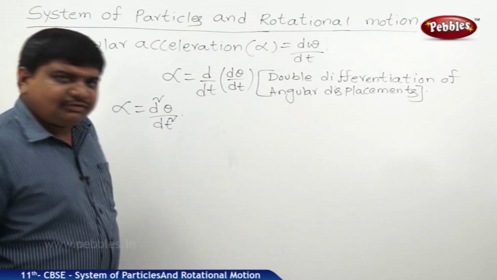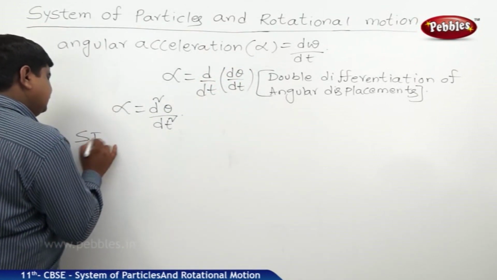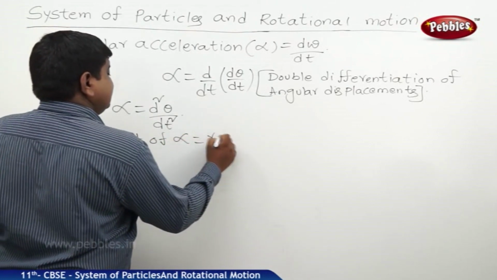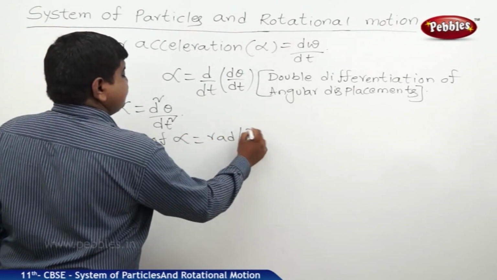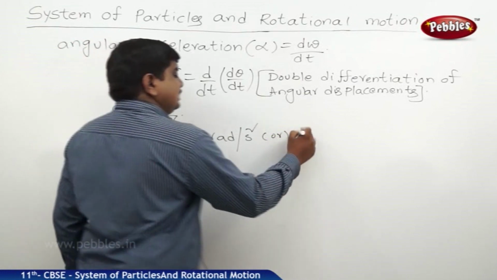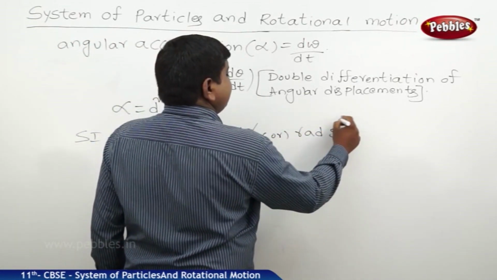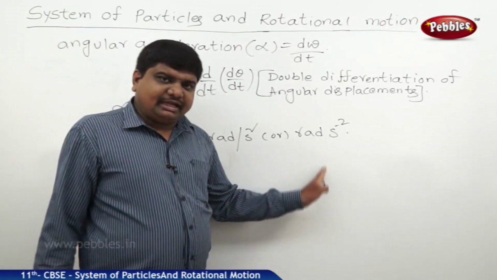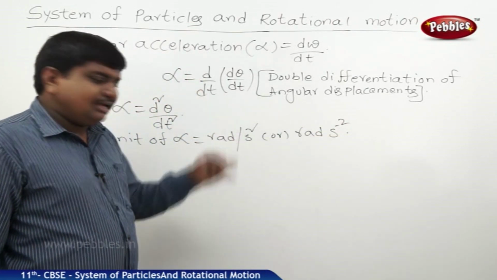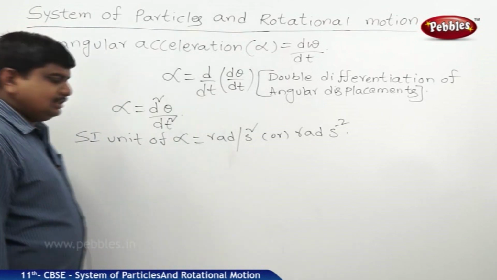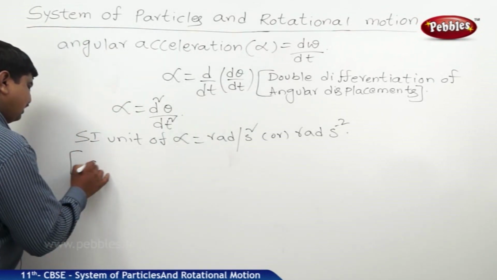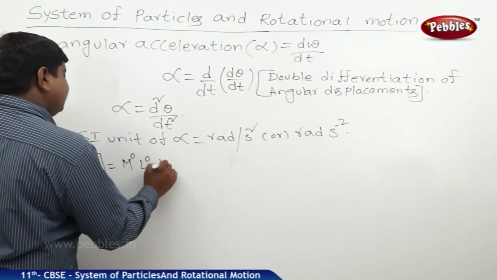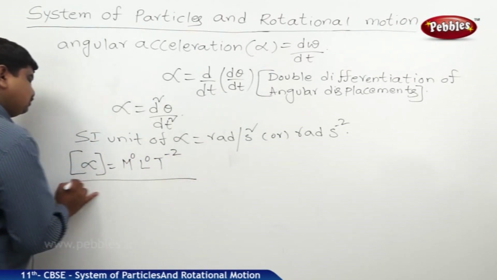The SI unit of alpha is radian per second square, or it is also written as radian second power minus 2. Where radian is the SI unit of angle, second square is the SI unit of time square. But the dimensional formula of alpha is M power 0, L power 0, T power minus 2.